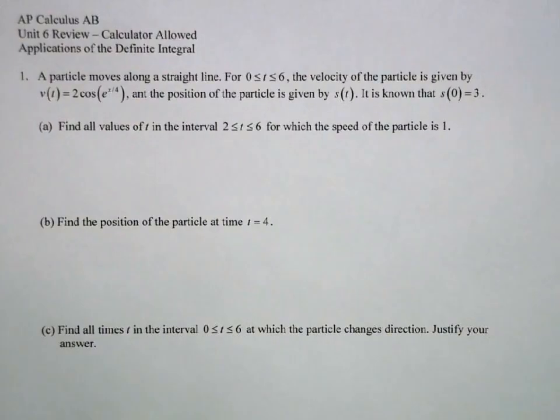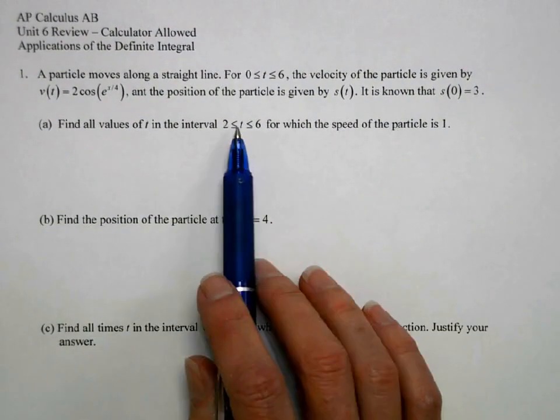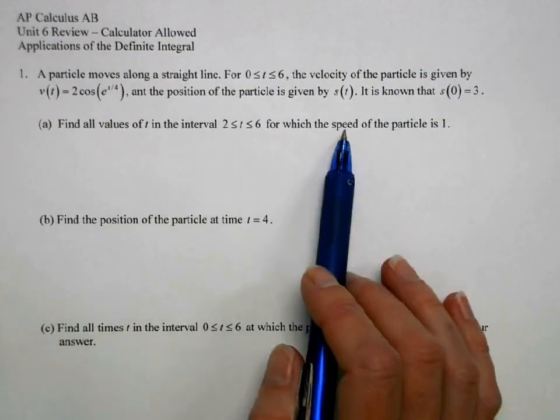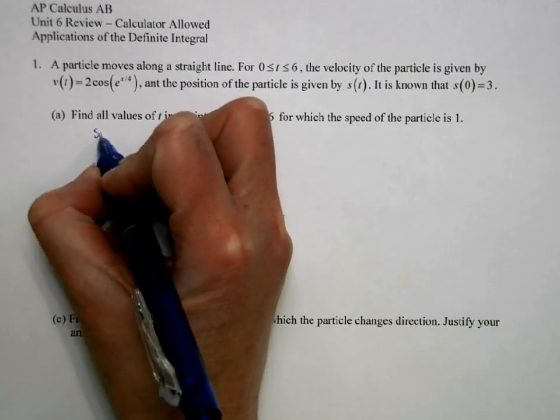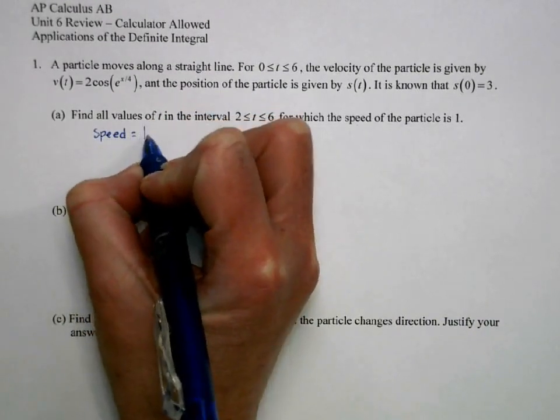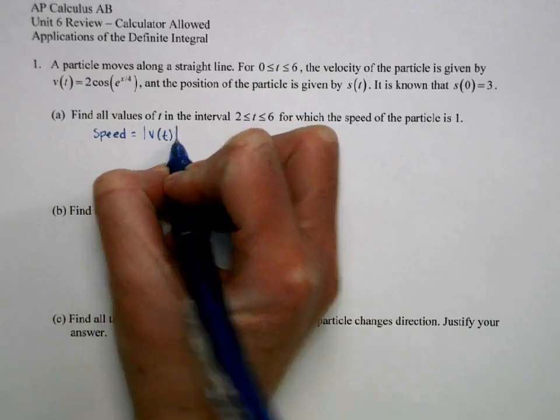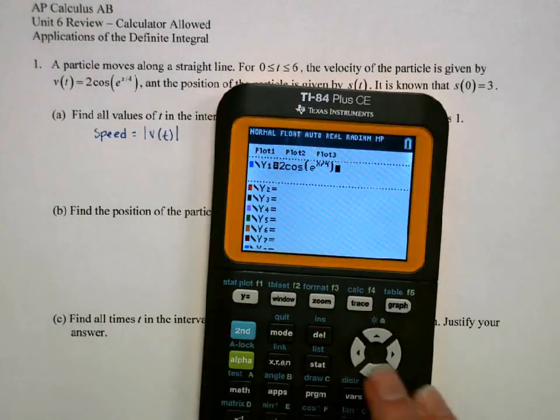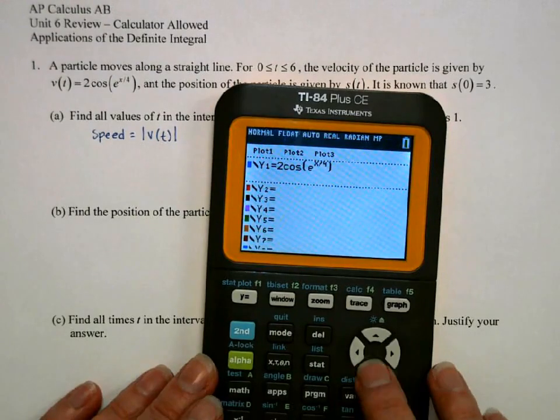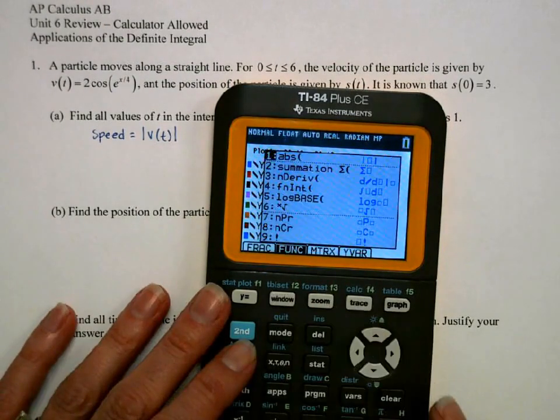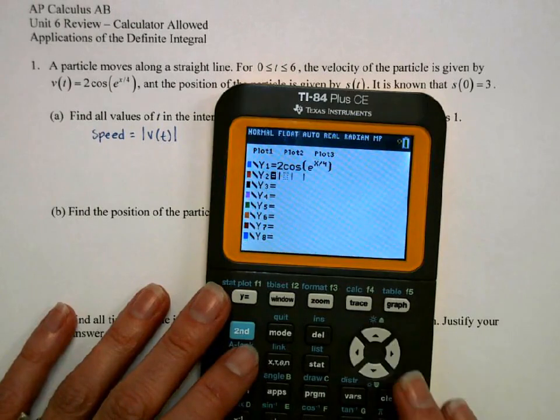So our first question says, find all values of t in the interval from 2 to 6 for which the speed of the particle is 1. Well, the speed of a particle is going to be the absolute value of velocity. So I'm not going to graph this, but what I'm going to graph is the absolute value of y1.